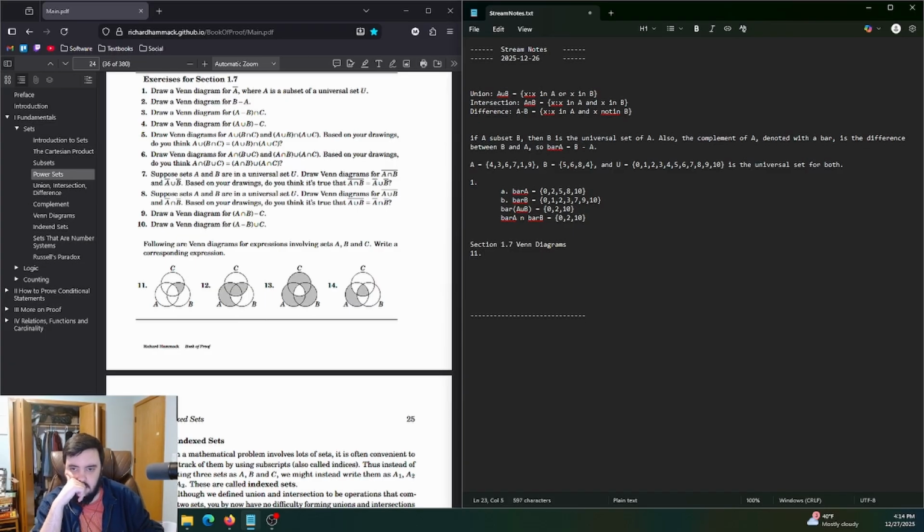That is going to be B intersect C, removing A. Yeah. B intersect C, and then you're taking out the part that is in A. These are a little fun.